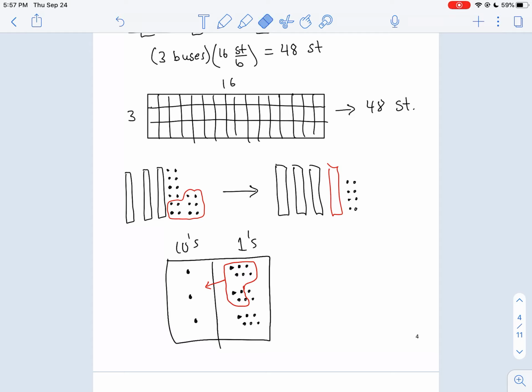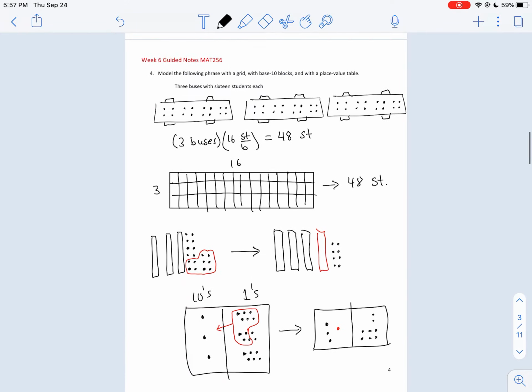So this winds up yielding a place value table that has 4 dots total, including the red one I'll put as the new one that we just entered. And how many are left over here? Well, we had 6 down there, and then the extra 2 that weren't in the red box there. Right, so you can model this with place value tables too.